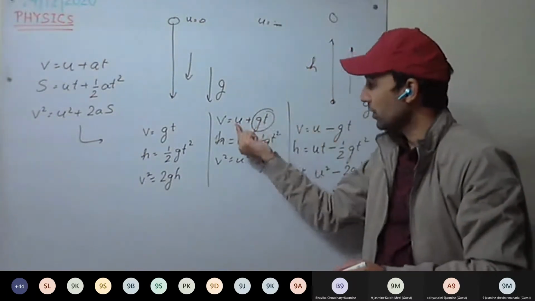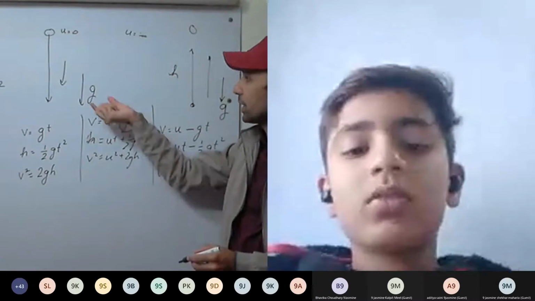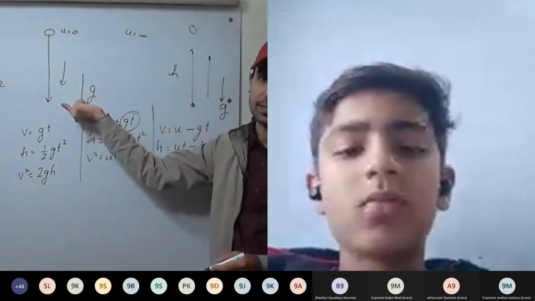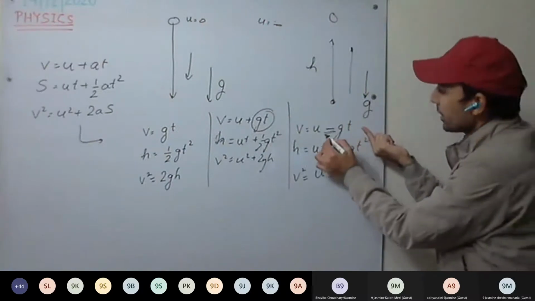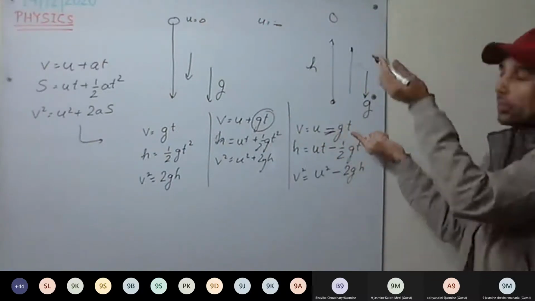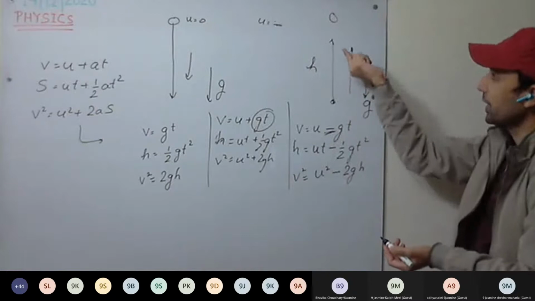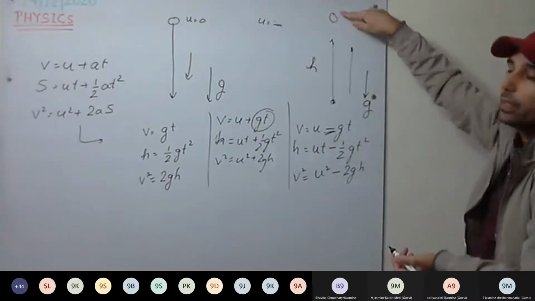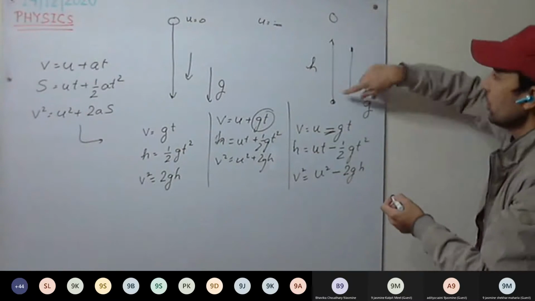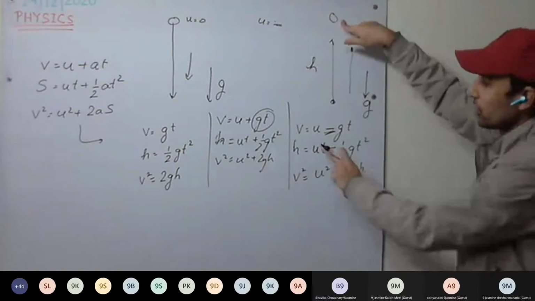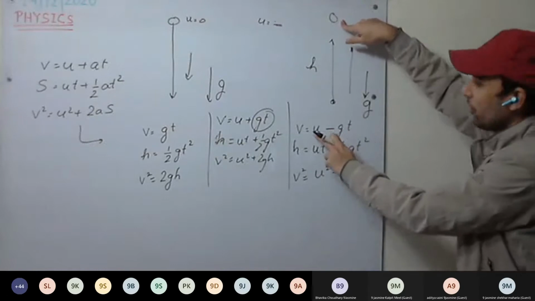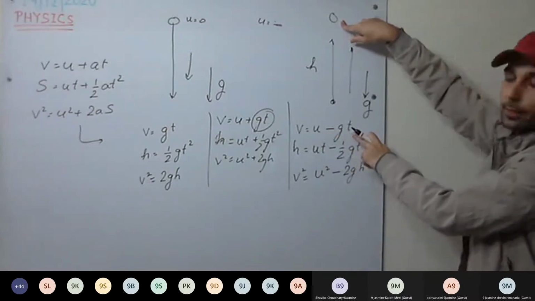That is, for each second, its velocity is increasing by 9.8 meter per second. And here it is decreasing, negative sign you can see, when thrown vertically upward. For each second, it is decreasing, and finally it will be 0. It reaches the highest point. So at the highest point, its final velocity will be 0, where u becomes equal to gt.